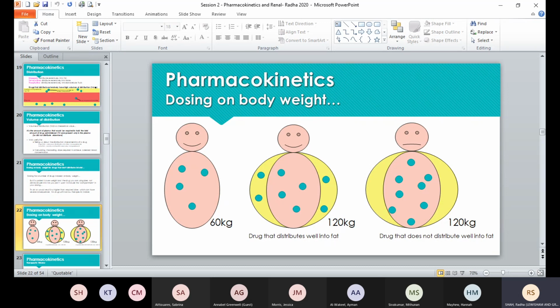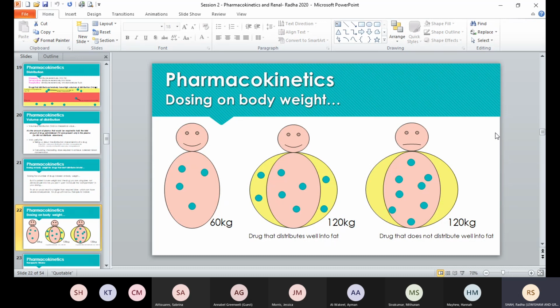Oh, I think there's a question. If a patient's weight is high due to edema, do you still use weight? Yeah, that's a really good question. If a patient has edema, we wouldn't use their current weight.